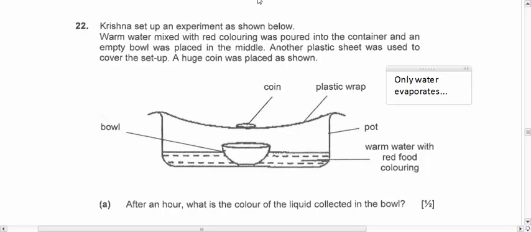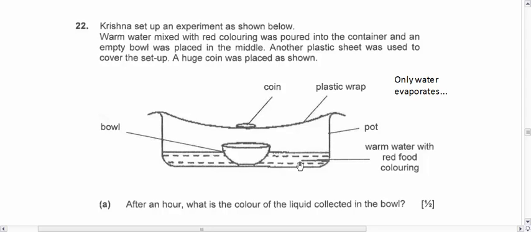Okay, so now this is key. Only water evaporates. That means this red food coloring is not going to evaporate, because evaporation is basically changing of liquid to gas, and only water changes from that liquid to that gas. The red food coloring and all the rest of the impurities and everything else does not change into gas.